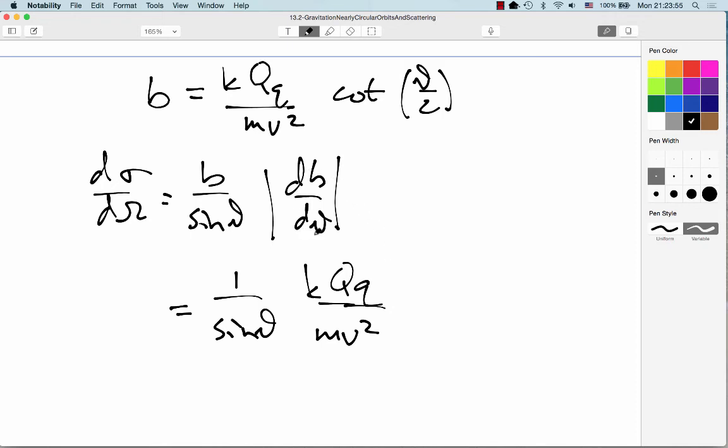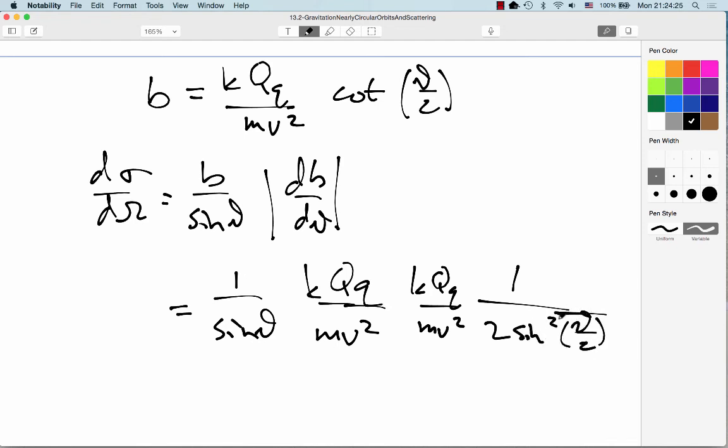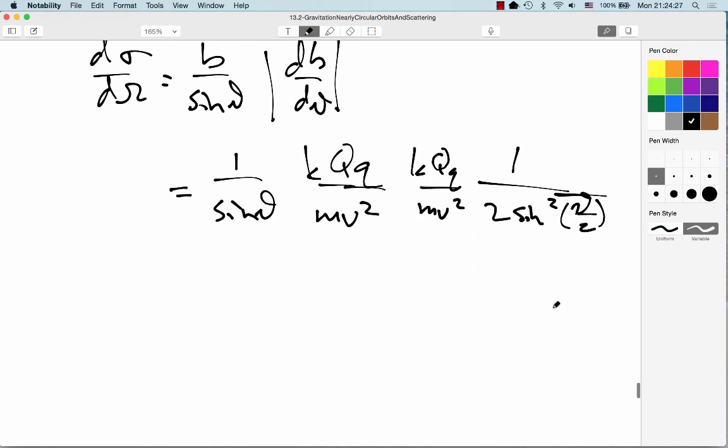And then I have to differentiate all this with respect to theta. So I'm going to pick up a whole nother kqq over mv squared there. Then I have to differentiate the cotangent. So I'm going to pick up a 1 over 2 sine squared theta over 2 after I differentiate the cotangent and what's inside.